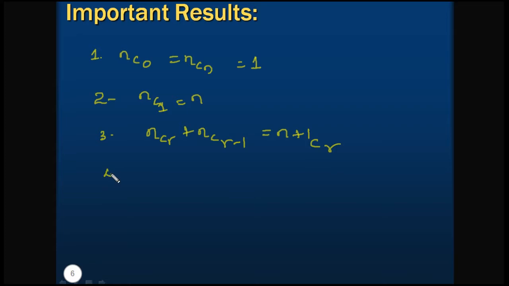These are useful to solve numericals. And if NCX is equal to NCY, which implies that X is equal to Y, or we can say that X plus Y is equal to N. So these are very much useful to solve numericals.